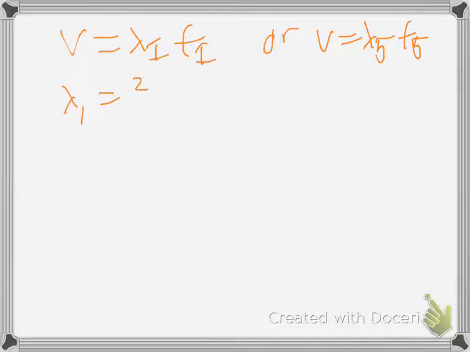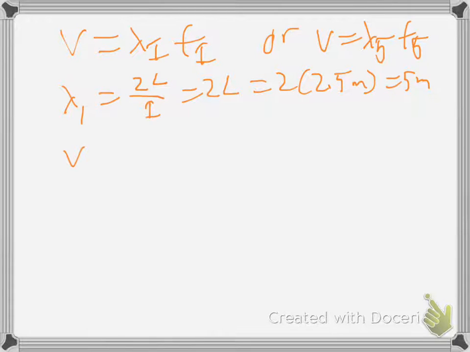Remember this formula: it's 2L over the mode number. So the mode number is 1, so the wavelength is 2L. This is 2 times 2.5 meters, which is 5 meters. So 5 meters times 20 hertz, we get 100 meters per second.